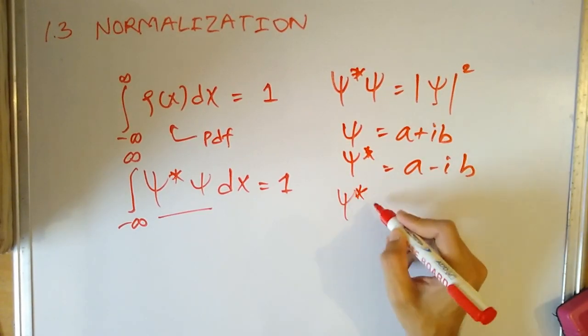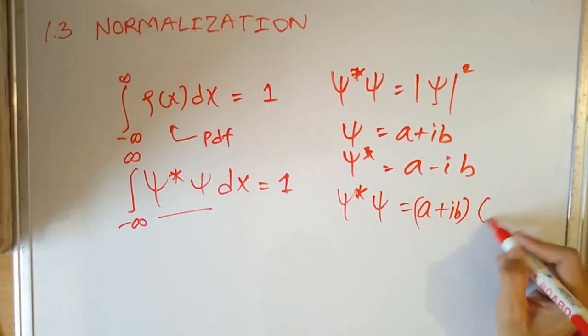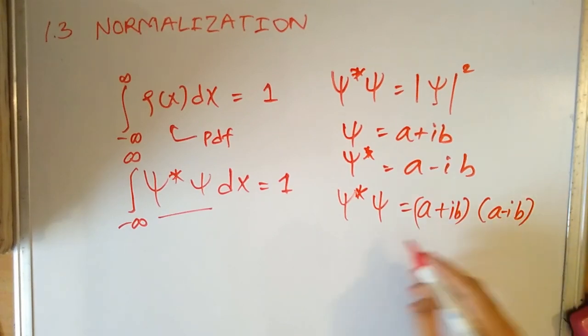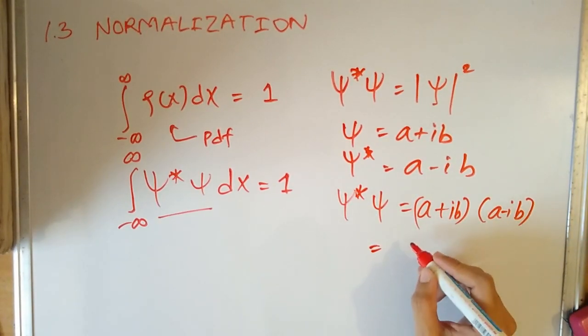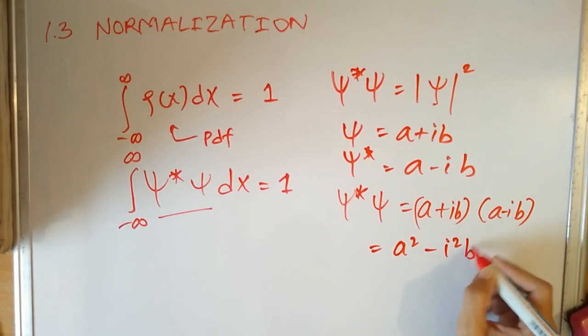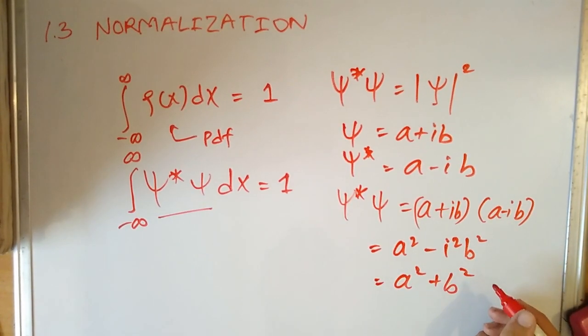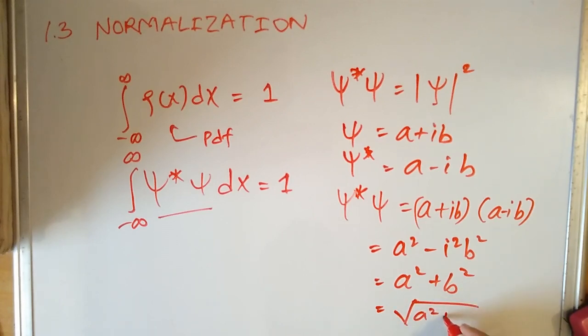So their product is psi star into psi equal to a plus ib into a minus ib, and the product gives a square minus i square b square, which is equal to a square plus b square. We can also write it as the square of the square root of a square plus b square, which represents the modulus of psi, the whole square, which is equal to modulus psi squared.